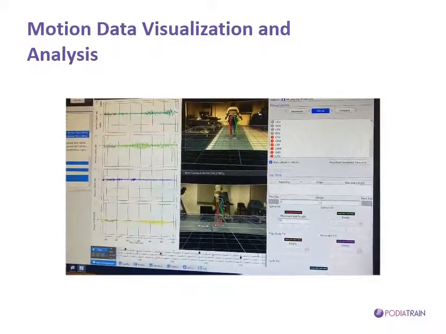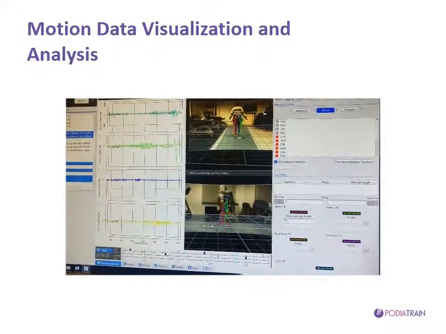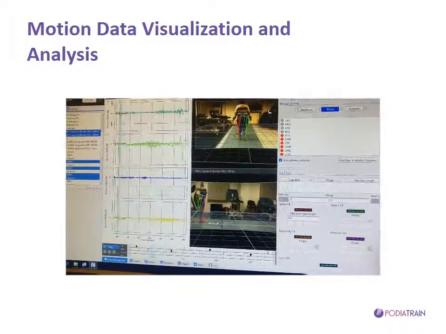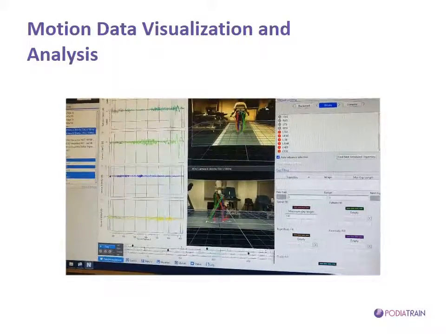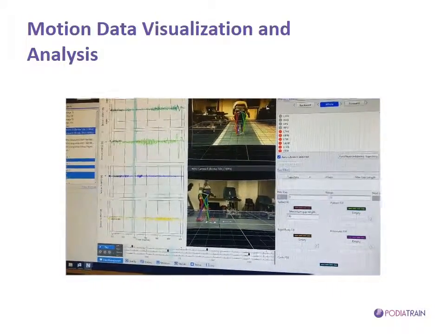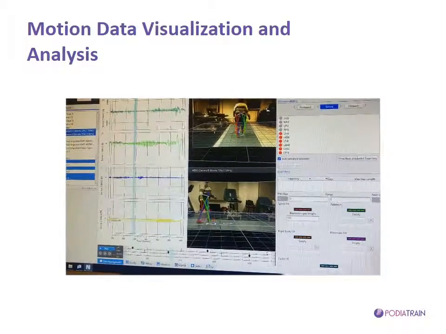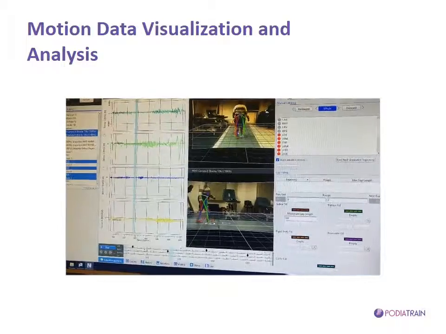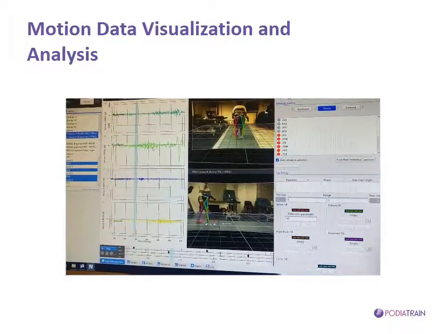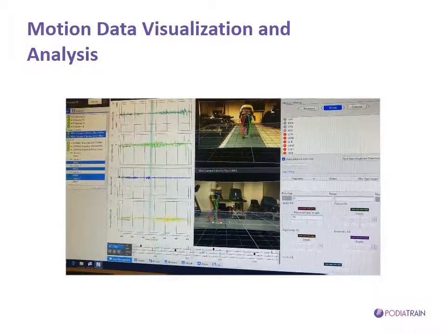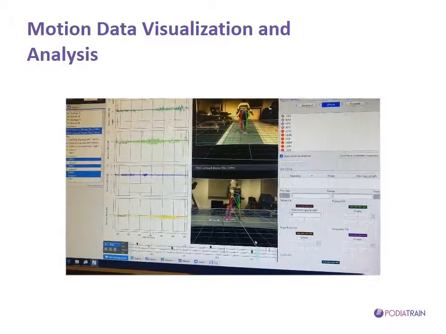Also, we can obviously slow down the images, and we can control them as we want. Besides this, here we can look at the EMGs. We've got EMGs of the tibialis anterior and the gastrocnemius in order to see how muscle activation is occurring. This will give us a visual representation of what is going on.